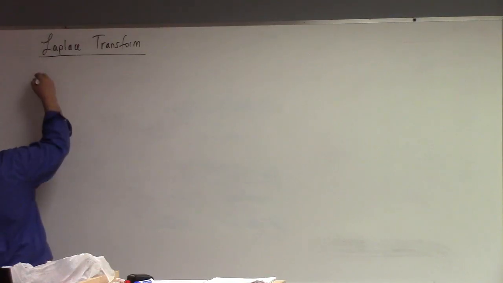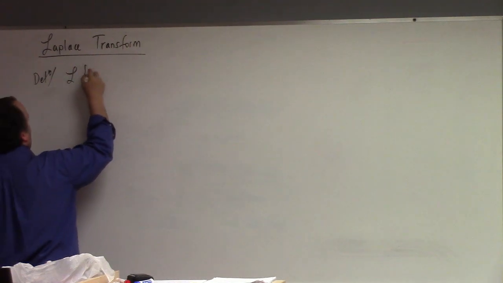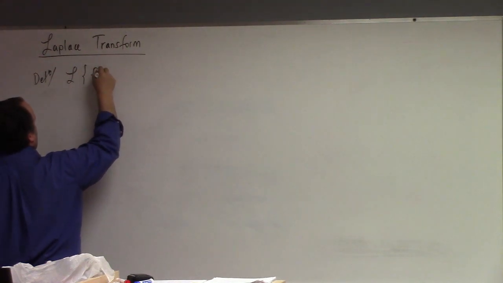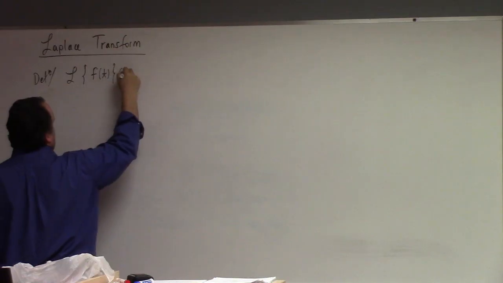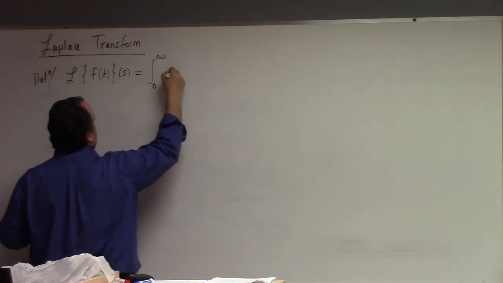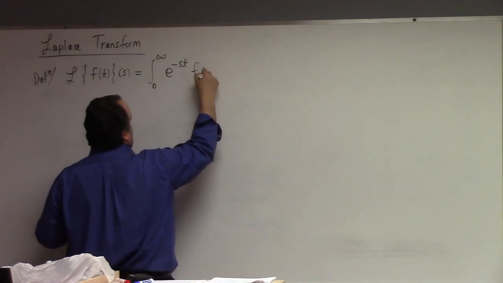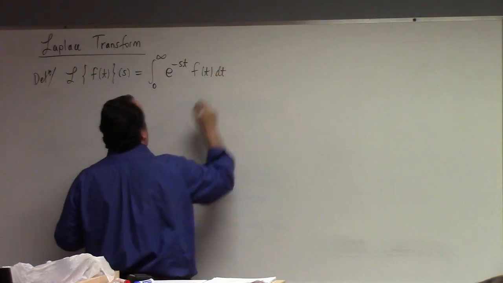All right? So here's the definition. The Laplace transform of f of t is a function of s, and it's equal to the integral from 0 to infinity of e to the minus st times f of t dt.